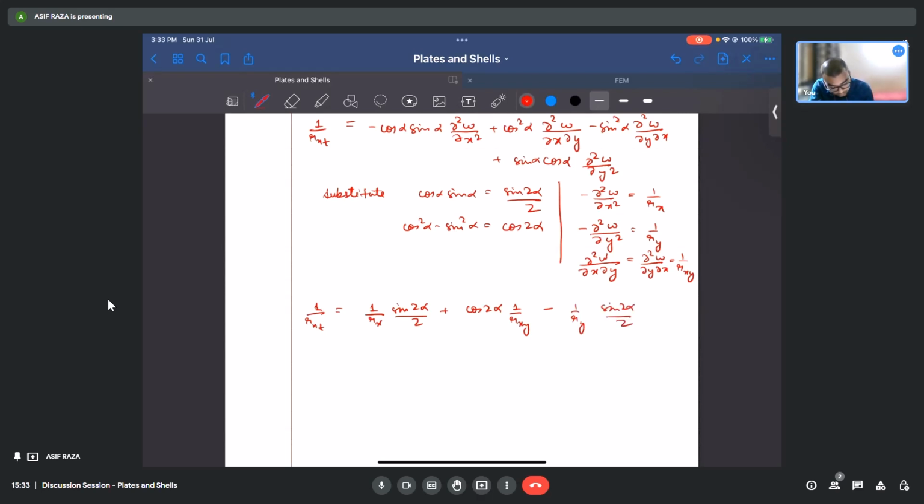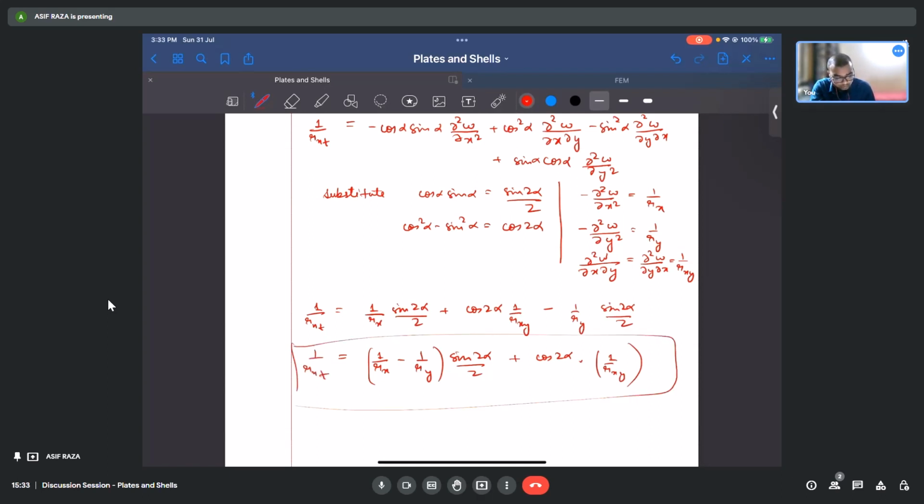So simplifying this, we will get 1/rx minus 1/ry as sin 2α by 2 plus cos 2α times 1/rxy. This gives me 1/rαt.